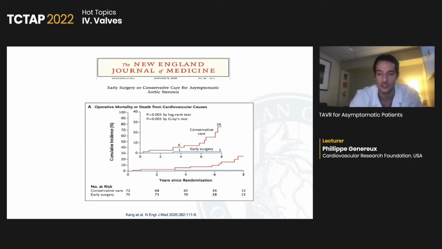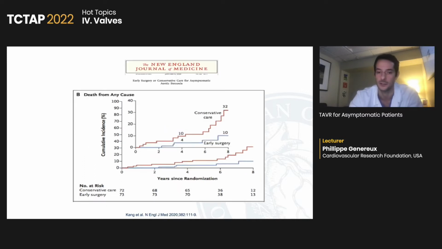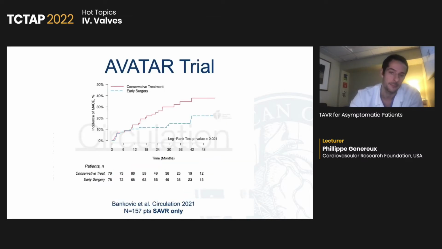And what you saw actually is a very convincing benefit in those patients in terms of operative mortality and mortality at 8 years follow-up. So you can see a strong win for early surgery on critical AS in patients that we don't know if they had a positive stress test or not. And that was also true for all-cause mortality.